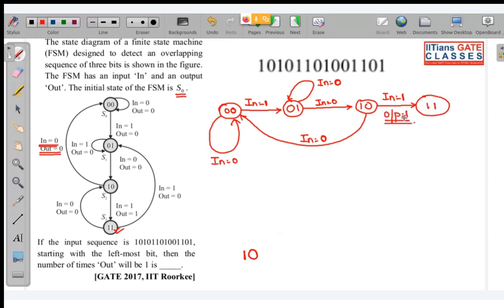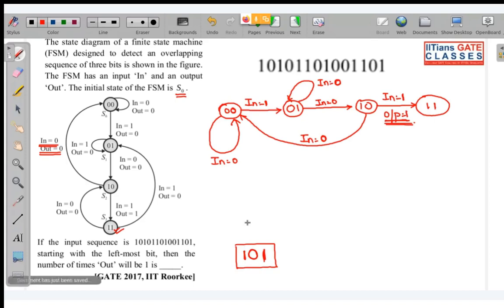The place where you get output 1 for the first time, you terminate your sequence, because that sequence is detected. So after 0, I proceed to the next state when my input is 1, and my output is 1 for the first time. So you have actually detected the sequence. This is your sequence that is being detected.